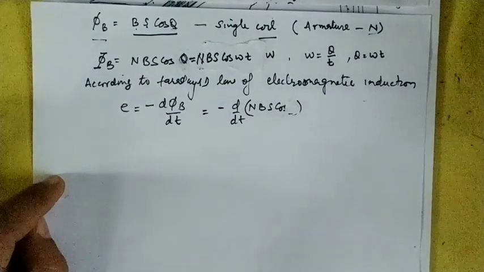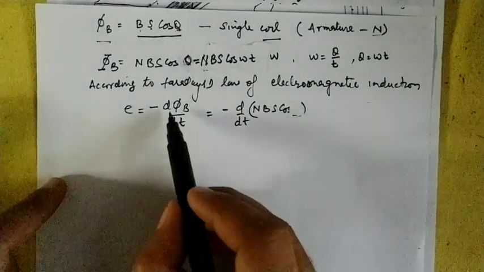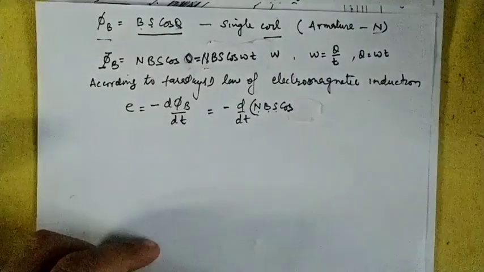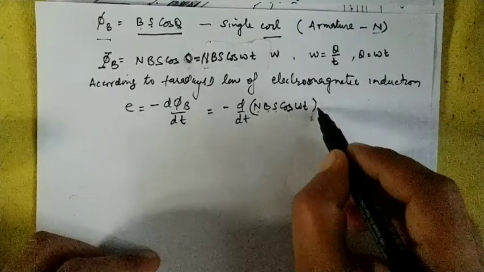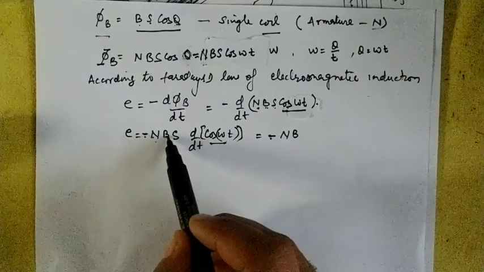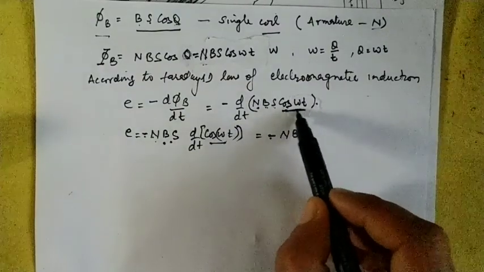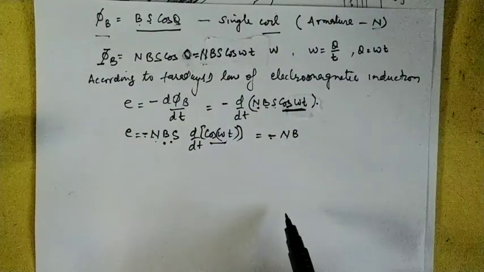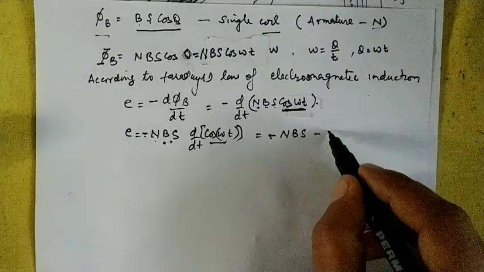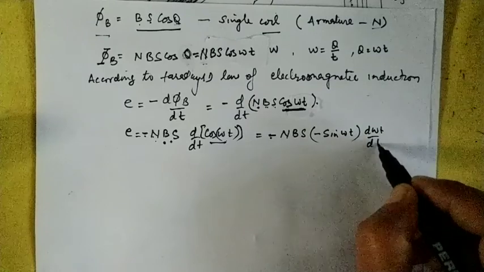Now according to Faraday's law of electromagnetic induction, the induced EMF is equal to the time rate of change of magnetic flux, that is d phi B by dt. We put in the value NBS cos of omega t and differentiate. The induced EMF is equal to minus NBS, a constant, which I take outside the differentiation sign, and we are left with only cos of omega t. Differentiating cos of omega t gives minus sine of omega t into d of omega t by dt.